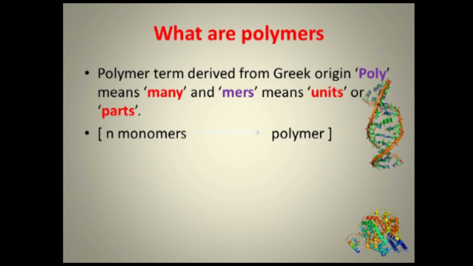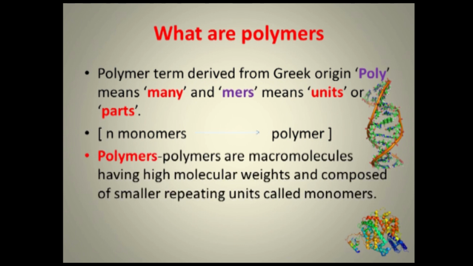Let me define the term polymers. Polymers are macromolecules having high molecular weight and composed of smaller repeating units, and these smaller repeating units are called monomers. The terms present in this definition are large molecules, that means macromolecules, having high molecular mass, formed by repeating units called monomers, and these monomers are joined by covalent bonds.